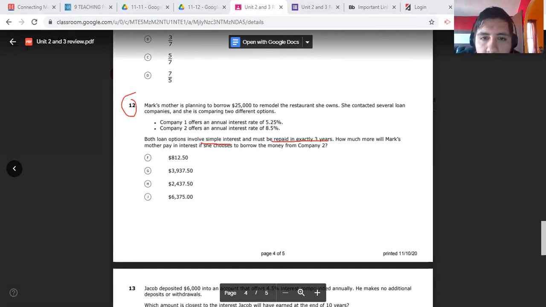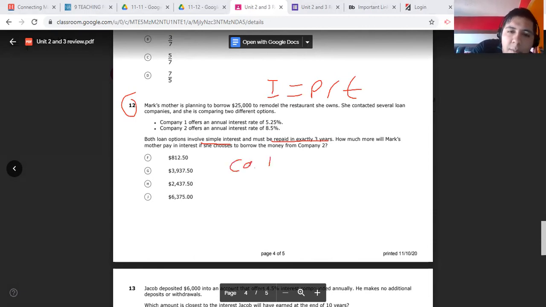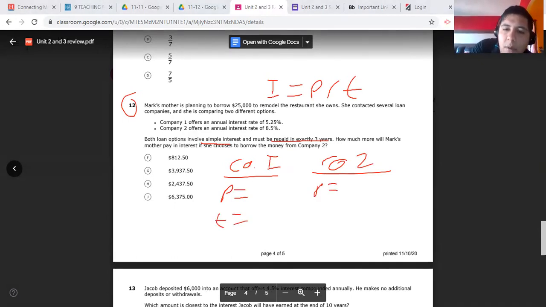So let's remember that our formula is this. Interest is equal to principal, rate, and time. So let's look at each company individually. Company 1 and company 2. So the principal and the time is going to be the same for both of them, which is 25,000.